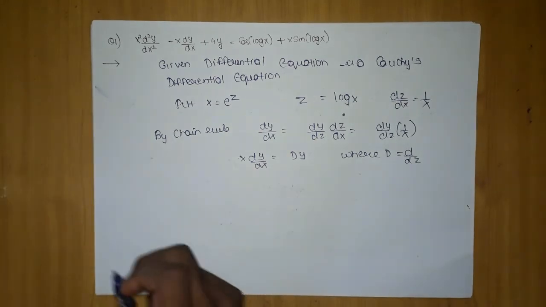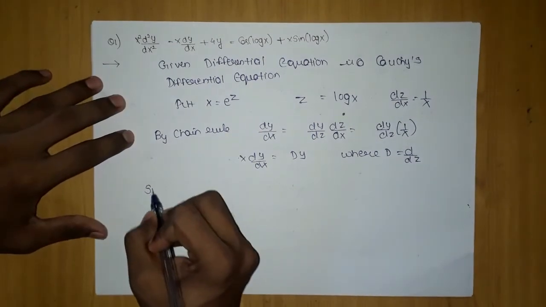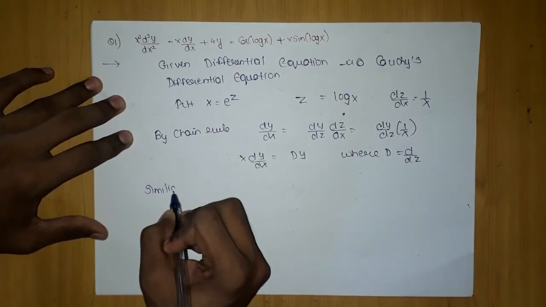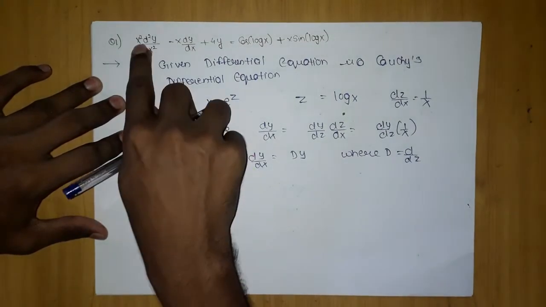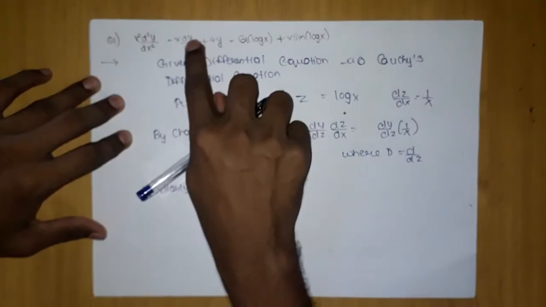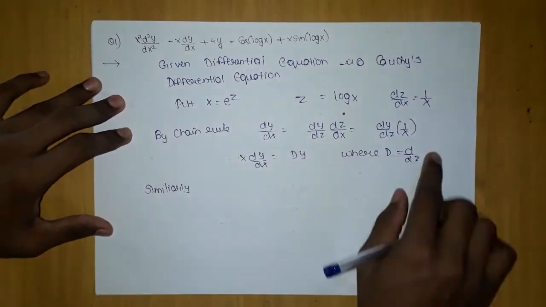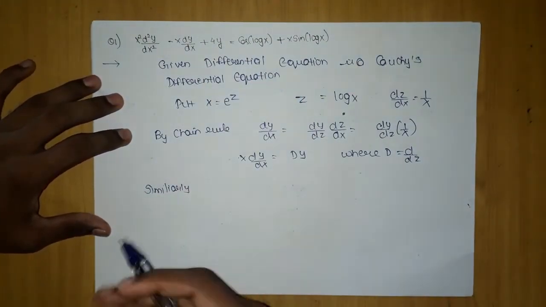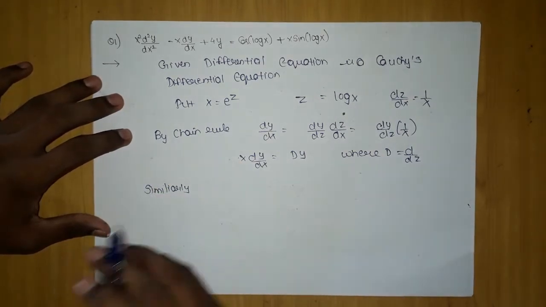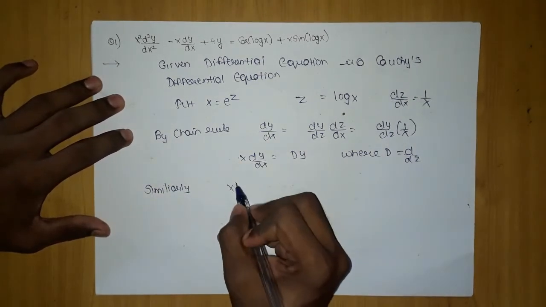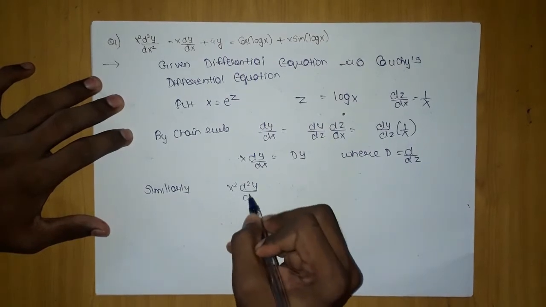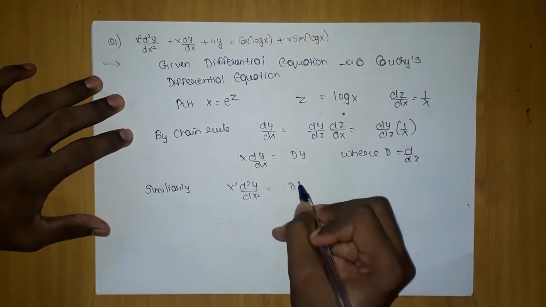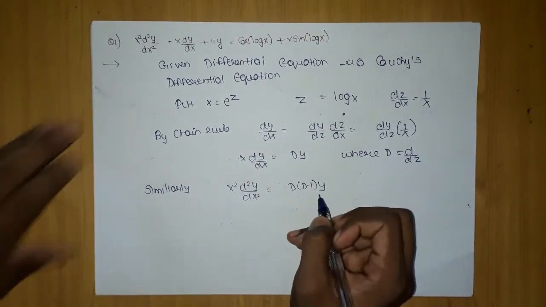After mentioning this, you can say similarly; you don't need to prove for the second one. Here only second order and first order are required. You have to just prove for the first one. Rest all you can do similarly. x square d square y by dx square, you can write as D into D minus 1 into y.